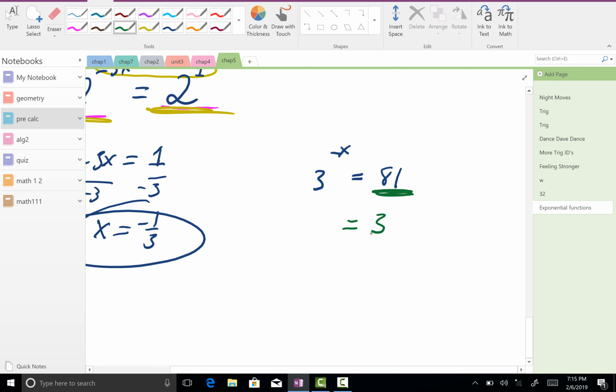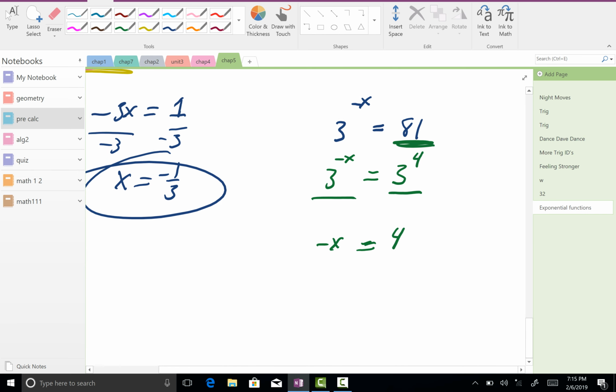We got 3 to the first is 3. 3 to the second is 9. 3 to the third is 27. So it's 3 to the fourth. Here we have a negative x. Now see how both those things are the same. So that means that we have negative x is equal to 4. So then what is x equal to?